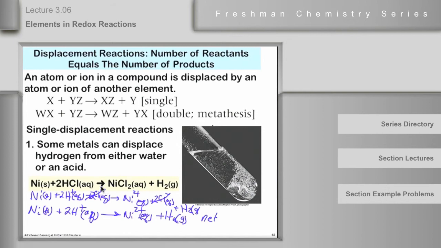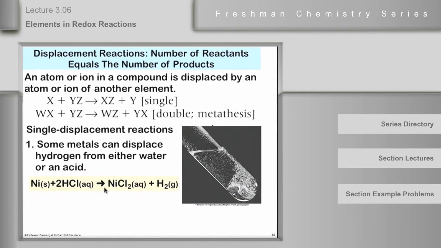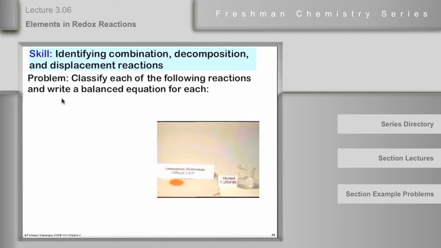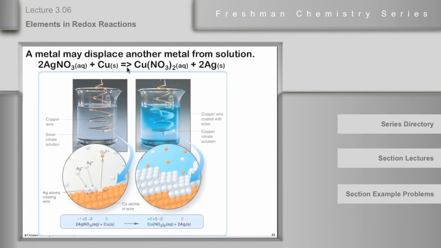Other kinds of displacement reactions are very common in chemistry. A metal can displace another metal from its solution.